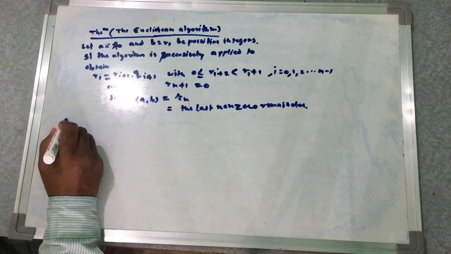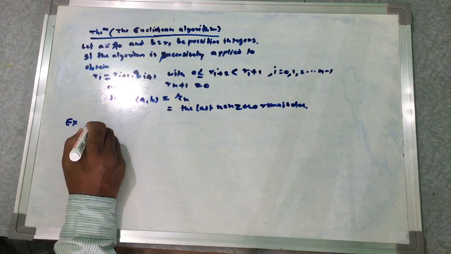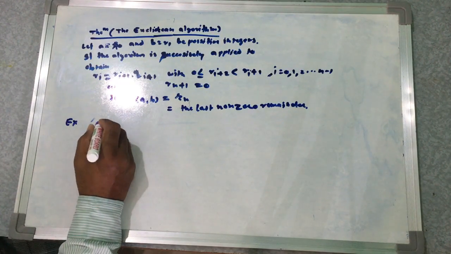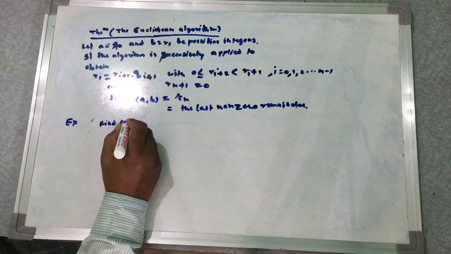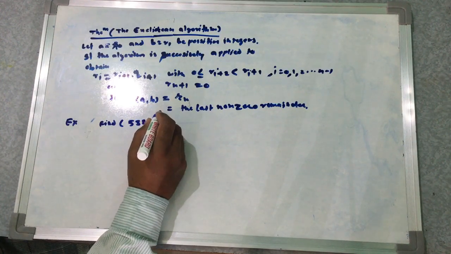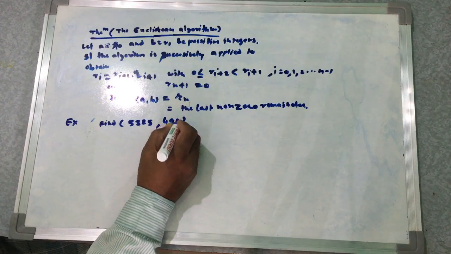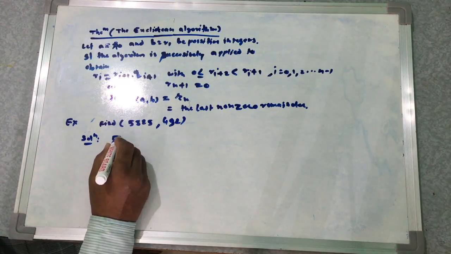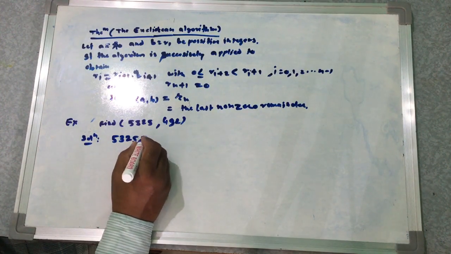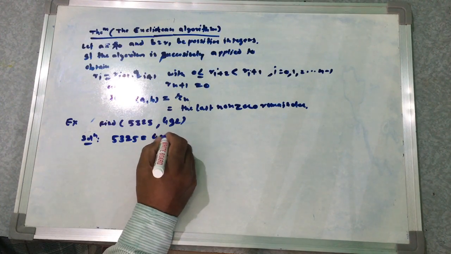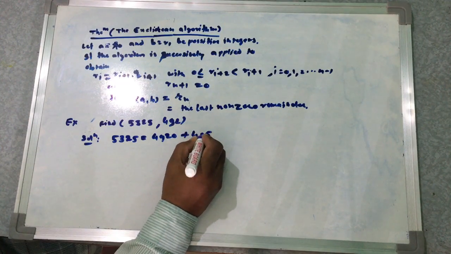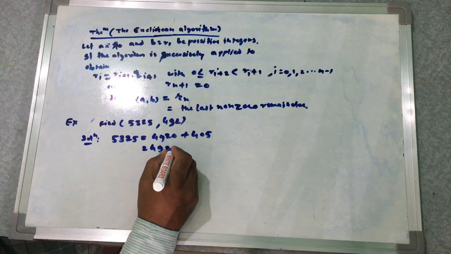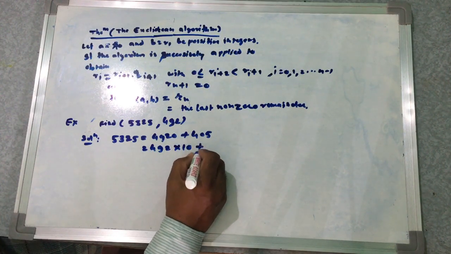So we have to see the examples. We have to find the GCD of 5325 and 492. Solution: 5325 is equal to 4920 plus 405, that is 492 into 10 plus 405.